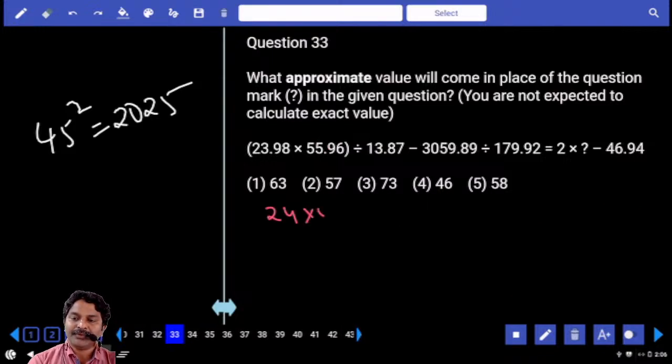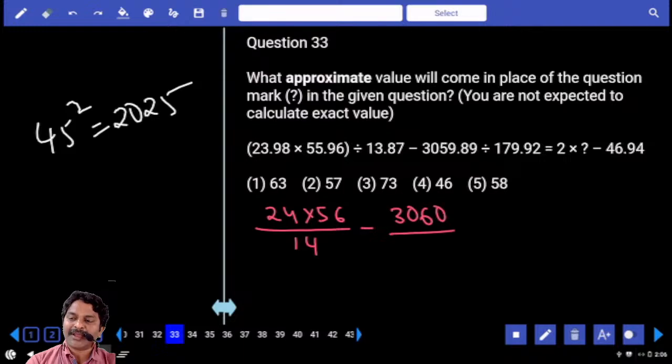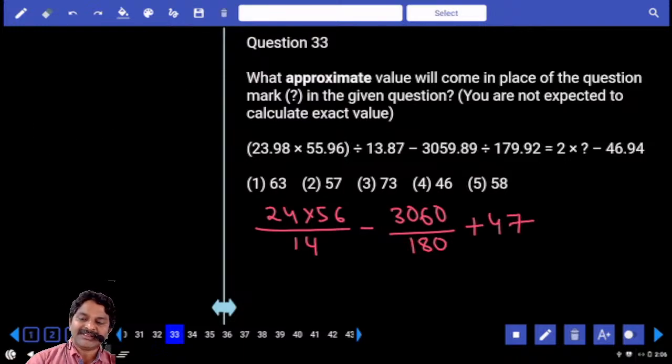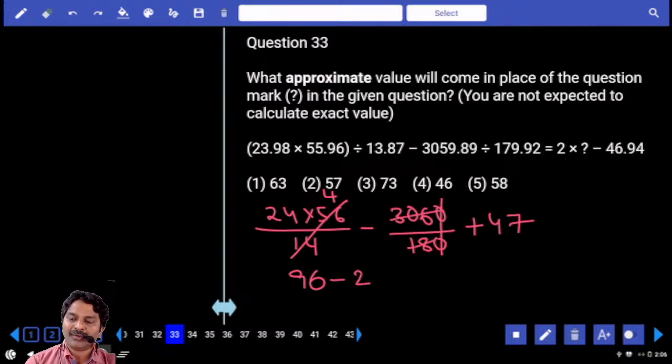24 into 56 divided by 14 minus 3060 by 180 minus. Right hand side number 47 comes to left hand side, becomes plus 47. 14 how many times? 4 times. 24 fours? 96. 0 gets cancelled first of all. 18 once. 126 is left.